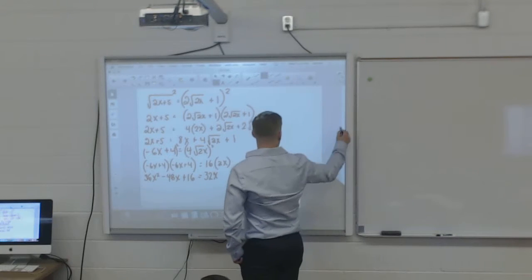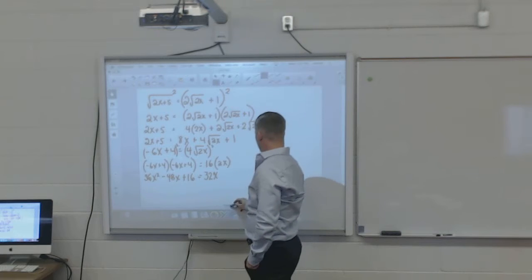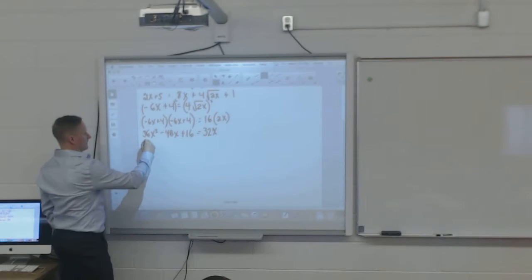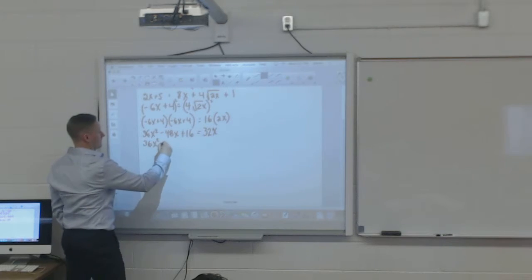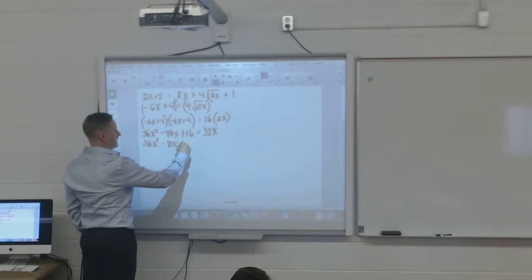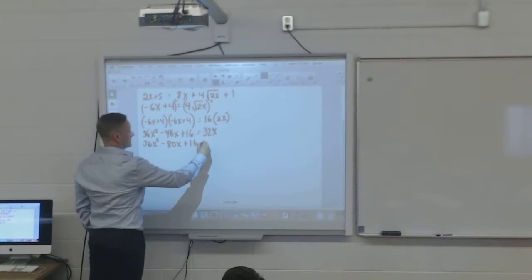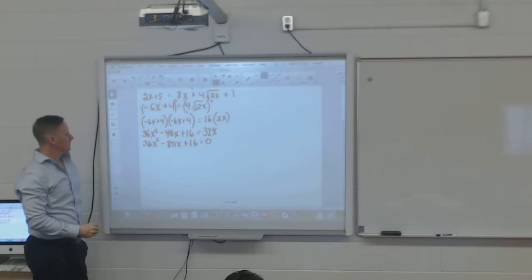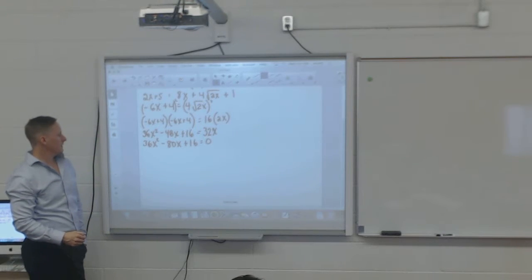So I'm just going to move the page up here. So now what do I get? 36x squared minus 80x plus 16 equals 0. Right? I subtract 32x from that. Okay.